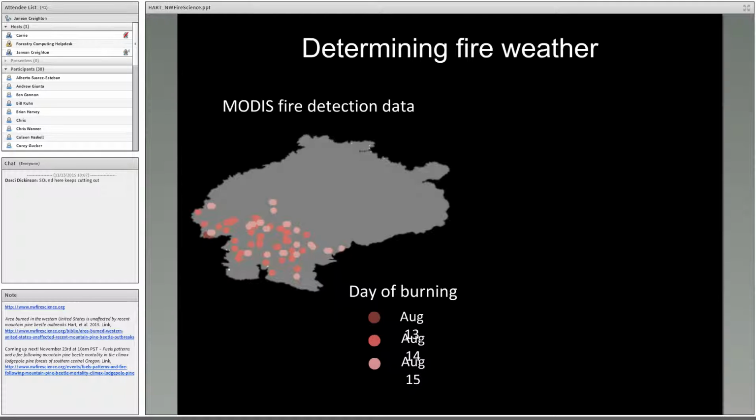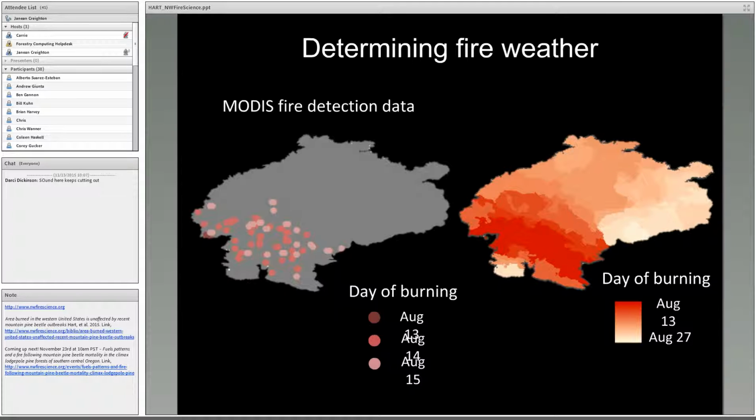All of these points were used to create maps that display when an area was actually burning. In comparison to some of the data sets that fire managers often draw during the course of a fire, this is a relatively independent data set where all days can be calculated. And so now I have maps of the actual day of burning for each of these fires.